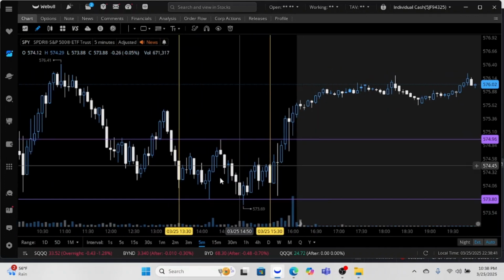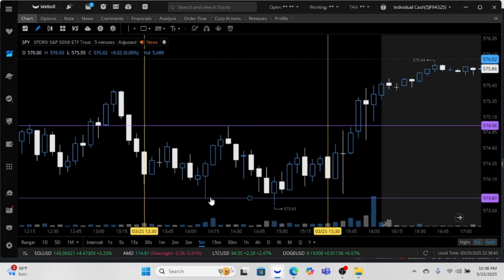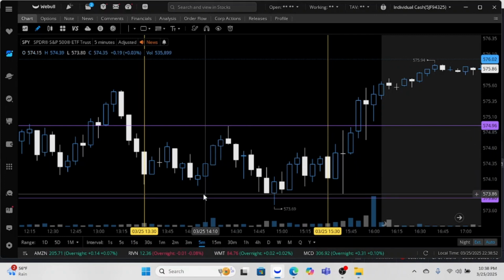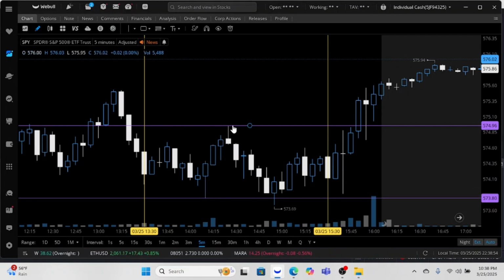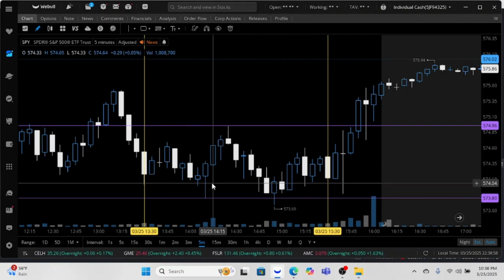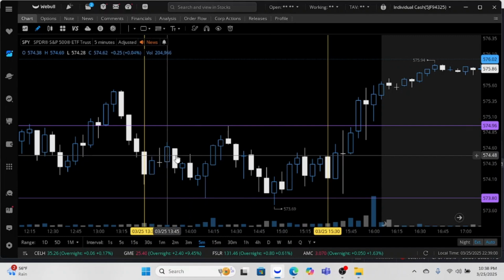Okay, so price opened right here, came up to here. This is the lowest point and the highest point. Now this is the 1 hour movement within the 5 minute charts. Each one of these candles represents 5 minutes.